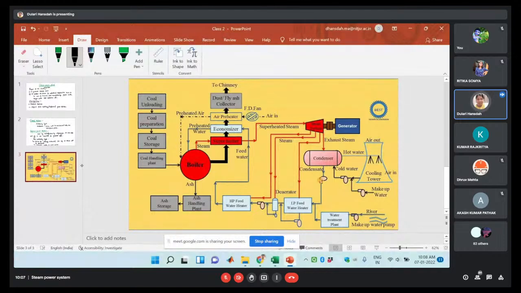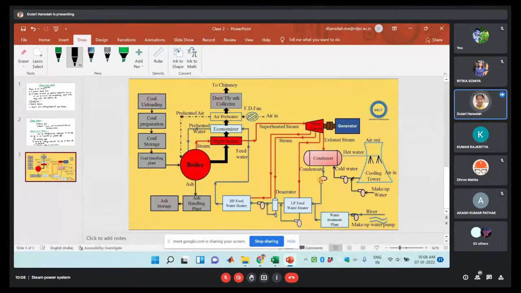Here you can see the low pressure feed water heater. Before that, the water will be treated in the water treatment plant to remove any dust particles or anything else.